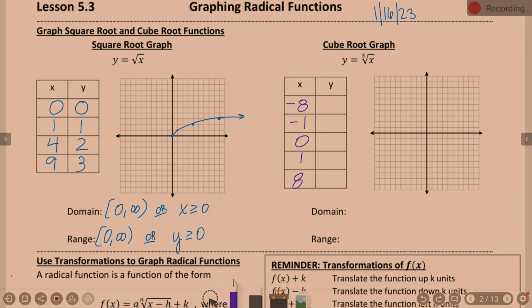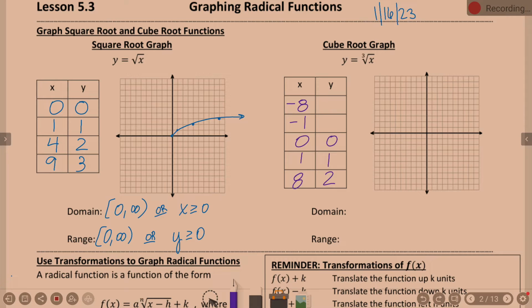If I start here in the middle, the cube root of 0 is 0. The cube root of 1 is 1. So 0 and 1 would be on any of these graphs. Square root, cube root, fourth root, anything. What's the cube root of 8? 2. I didn't go to the next cube root because I didn't want to graph 27.